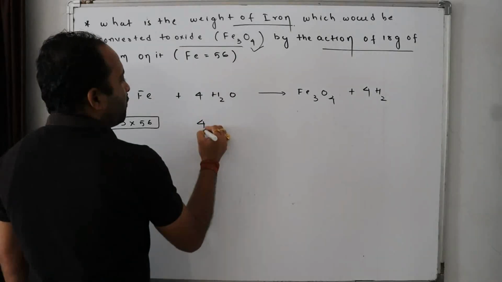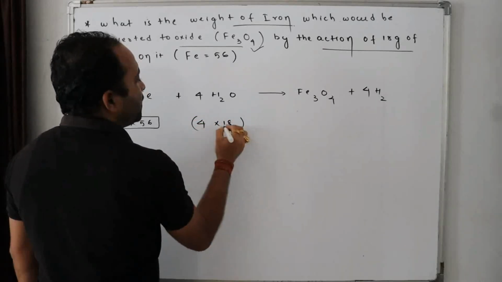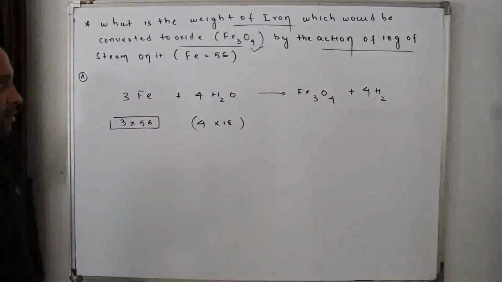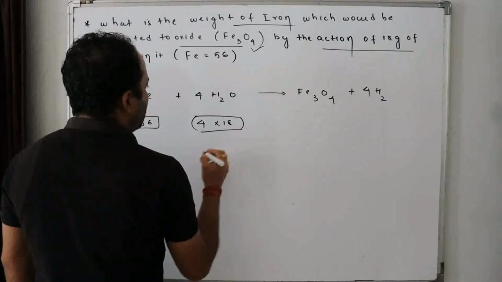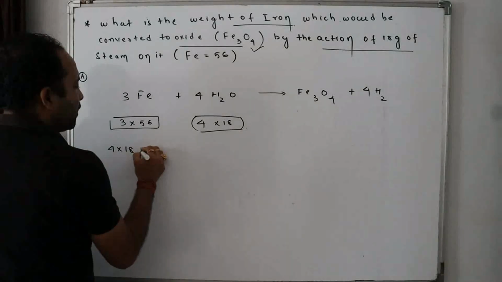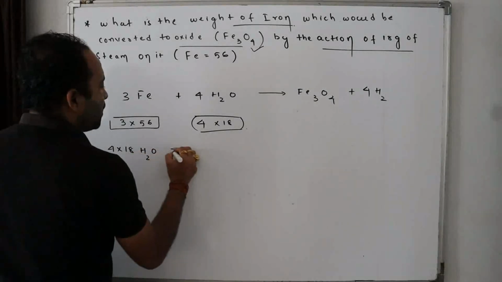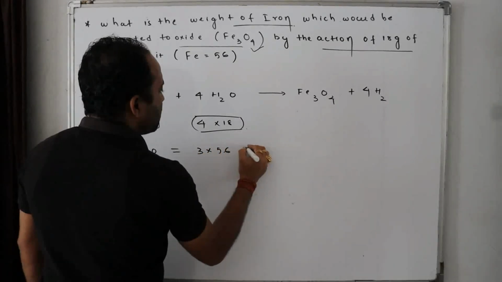Requires 4 into 18 grams of water. 18 is the molar mass of water, 18 grams. So 3 into 56 requires 4 into 18. Or I can say 4 into 18 grams of water requires 3 into 56 grams of iron.